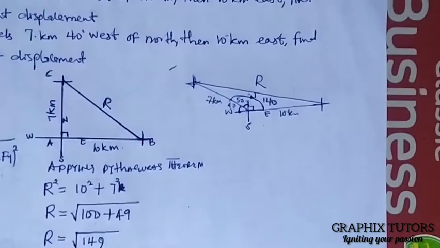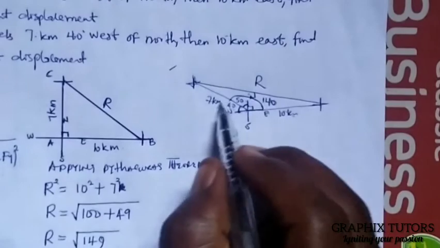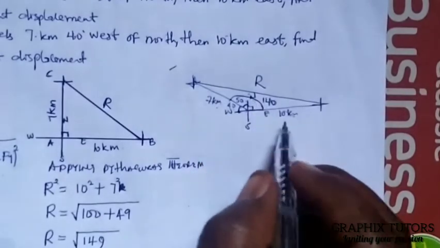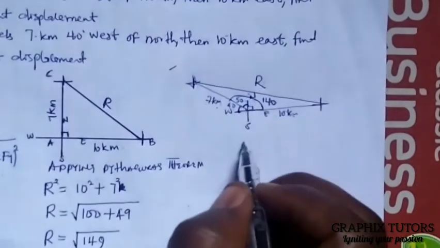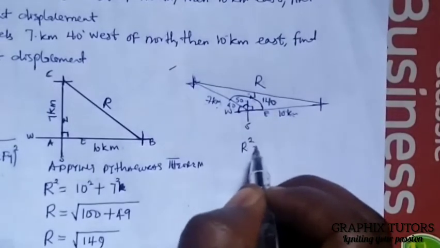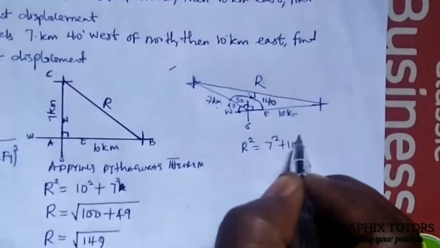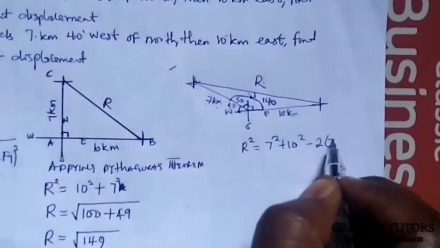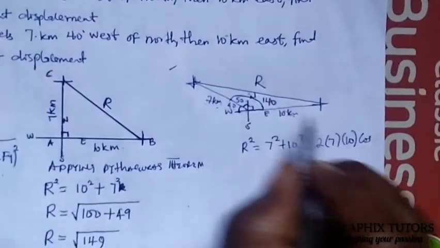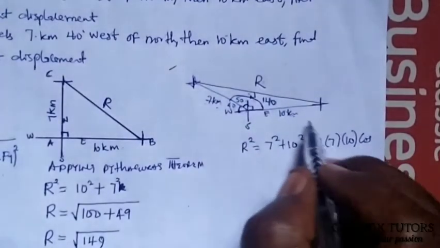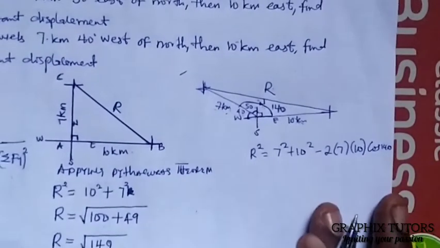Can you see that? So if you apply your cosine rule, because we have two sides and an included angle, it says that the side opposite the angle, that is R square, is equal to 7 square plus 10 square minus 2 into bracket 7 times 10 cos the total angle here, which is what? 140. 50 plus 90 is 140. Are we good?